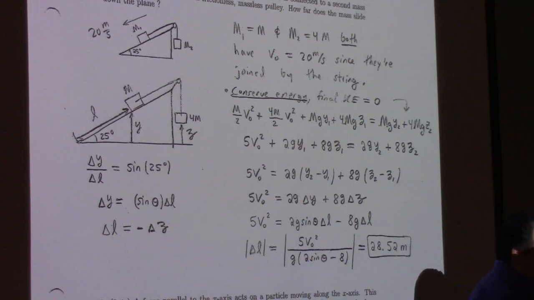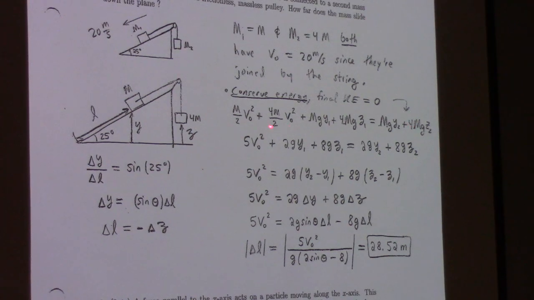And in a similar vein, for this problem, again I say the y coordinate for this mass, the z coordinate for that mass, and it's moving to start with, and there's my initial potential energy. It's at rest at the end, which means we just have potential energy.